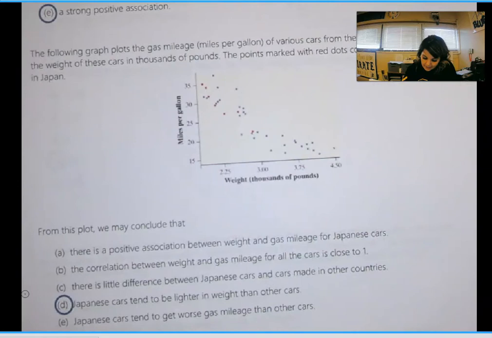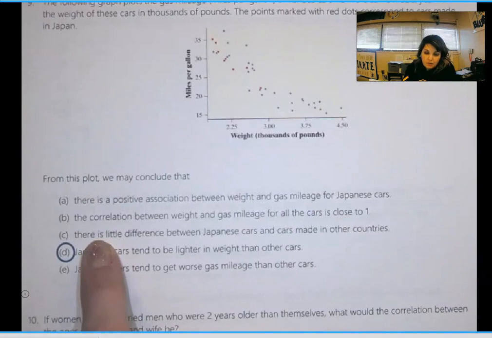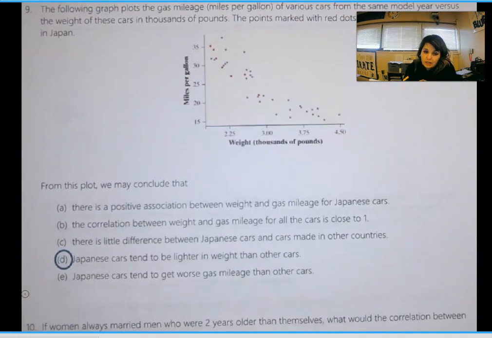9 is delta. I think some of you may have chosen C. A, B, and E should have been obviously wrong to you. C, I can see how you would consider that, but it says there is little difference between Japanese cars and cars made in other countries.